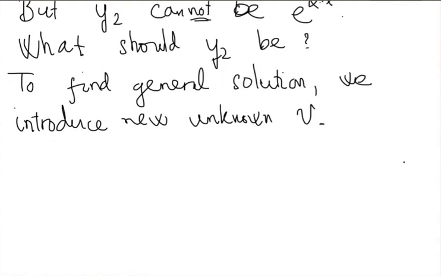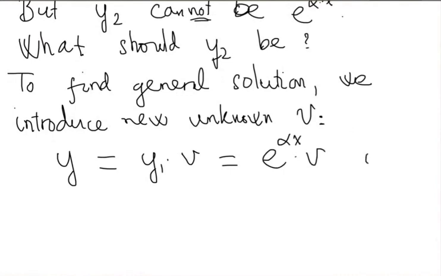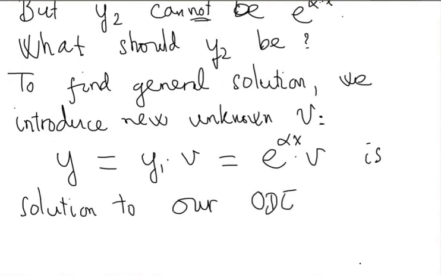We introduce the new unknown v in the way that y equals y1 times v, which in this case is e to the alpha x times v, is a solution to our ODE.